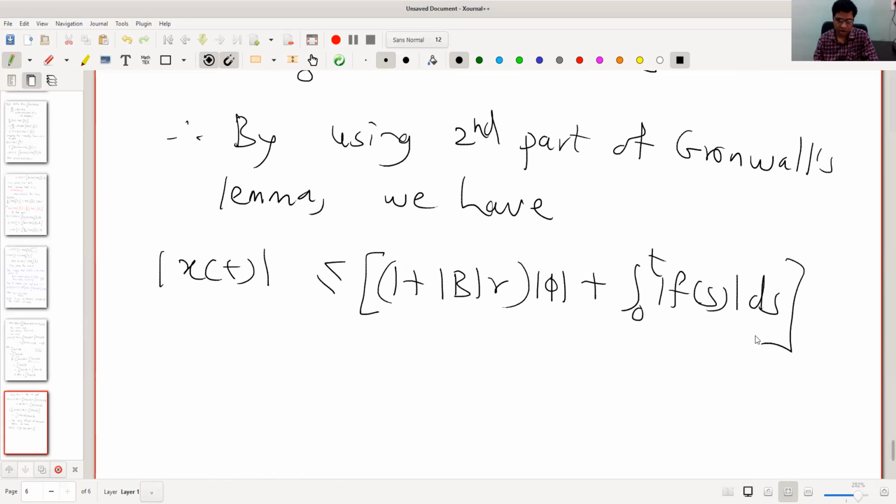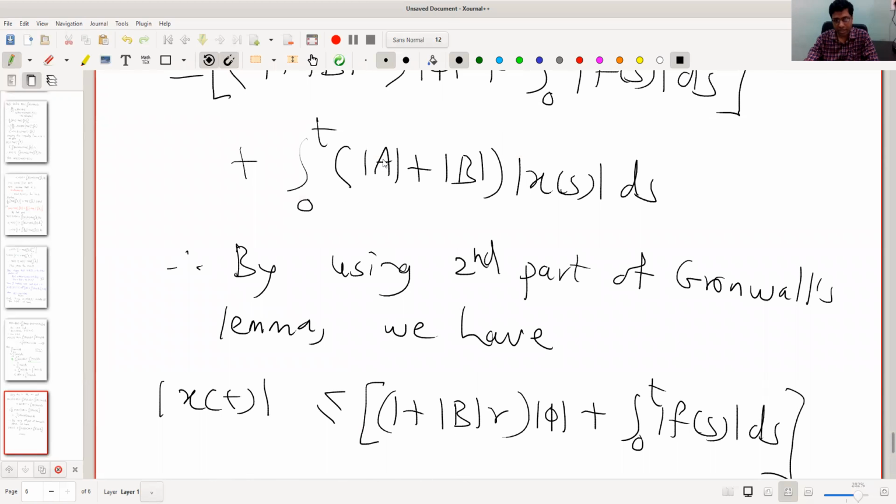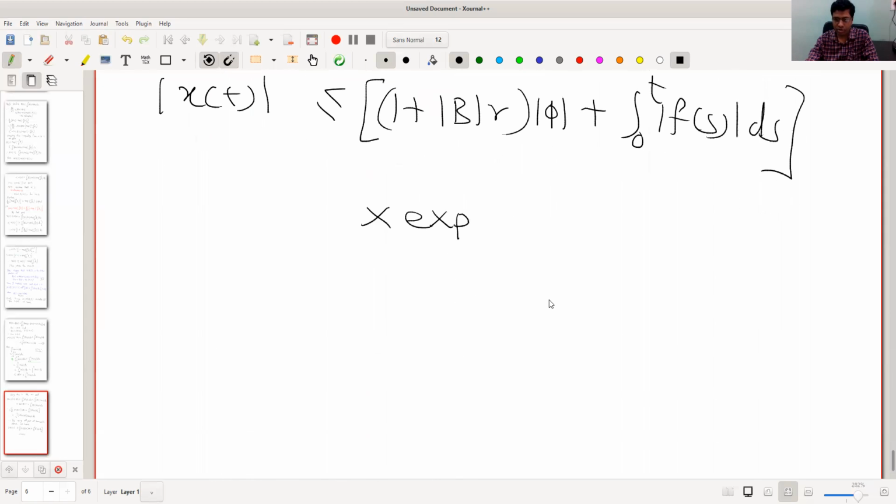This is alpha of t multiplied by e raised to integral from 0 to t beta of s ds, but beta of s here is simply the constant mod A plus mod B. So what about integral from 0 to t mod A plus mod B ds?